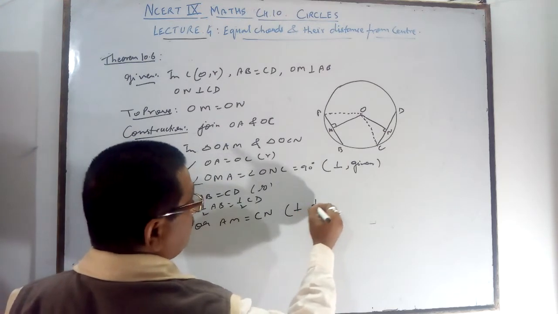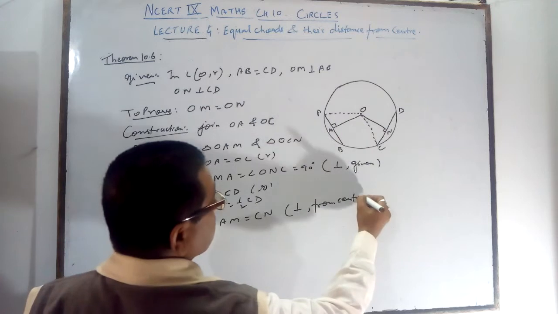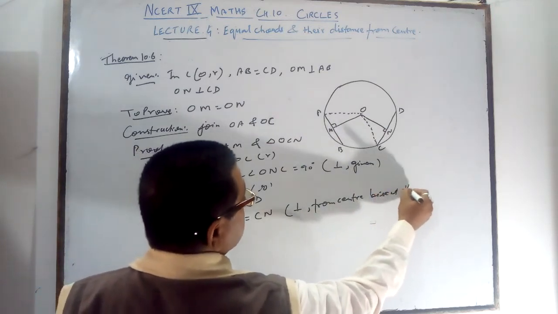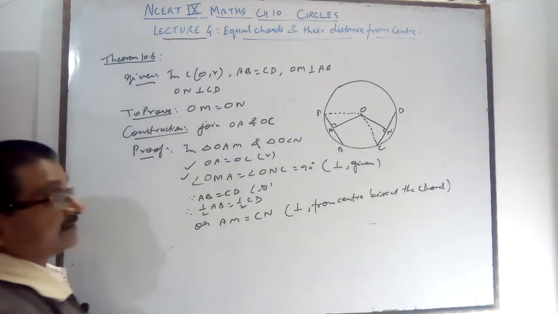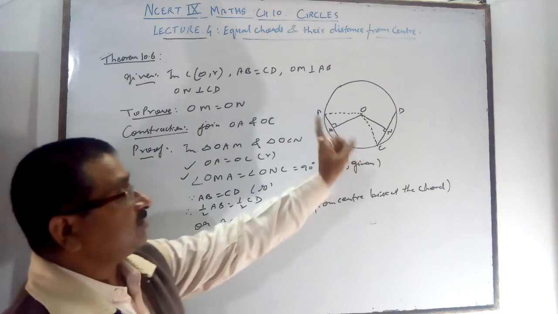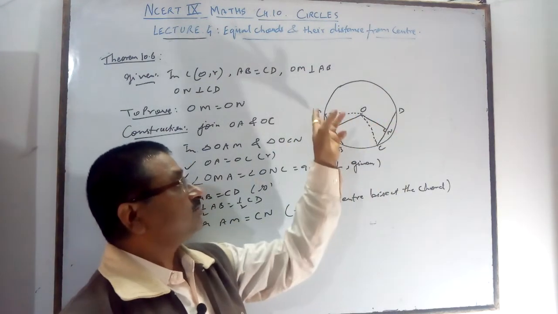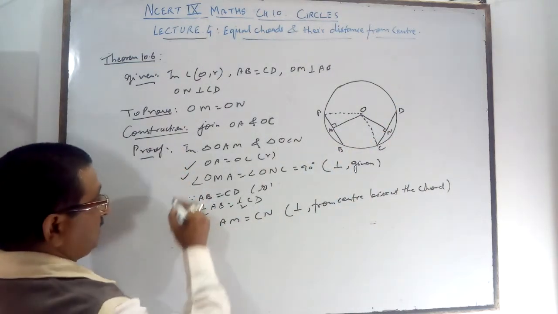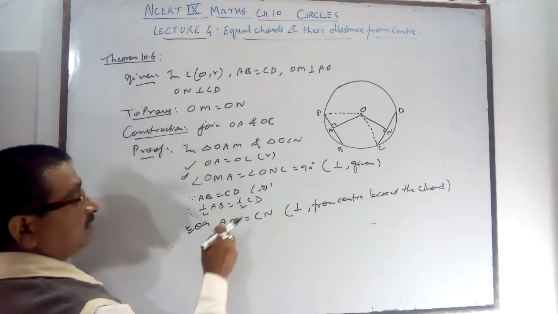Because a perpendicular from the center bisects the chord, as I told you in the previous lecture. OM is perpendicular to AB, ON is perpendicular to CD, AB equal to CD, so half of AB will be half of CD. Therefore there are three: first, second and this is the third one, 1, 2, 3.